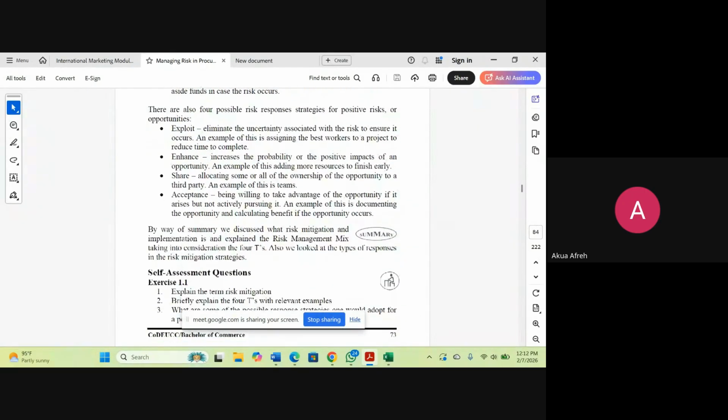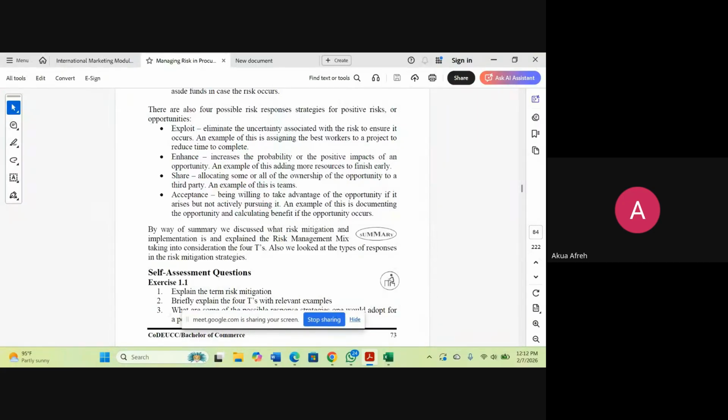Then the responses that we use when we are dealing with positive risk, the first one is exploit. With exploit, we are saying that there are opportunities in the market. So you ensure the opportunity happens.